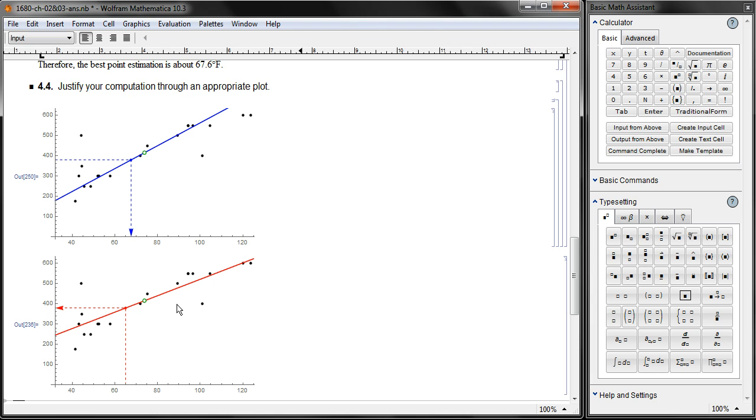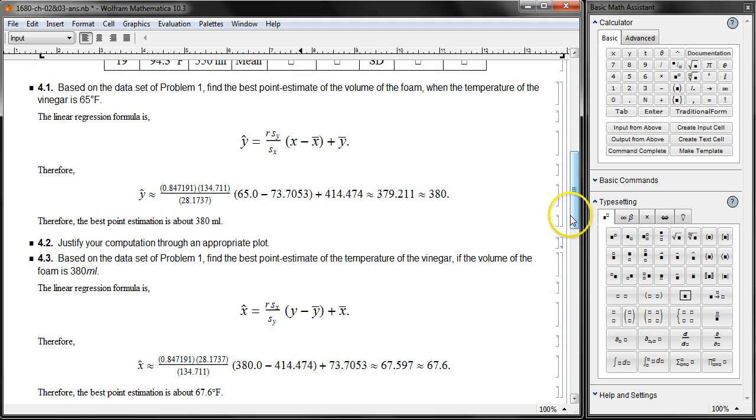These are two different lines. If these two had been the same, start from 65 to 380, and 380 would come right back to 65. But these two lines are different. We have two different formulas. Start from x, looking for y, we use this one. Start from y, looking for x, we use that one.